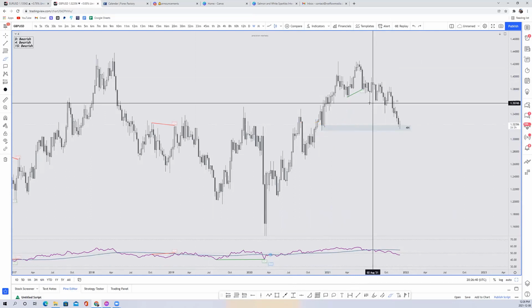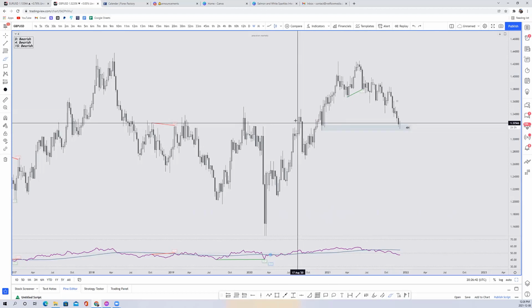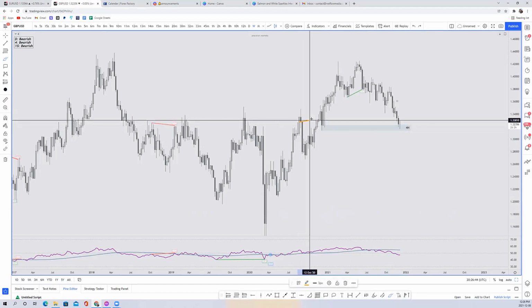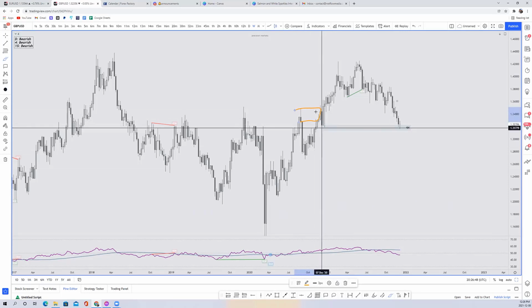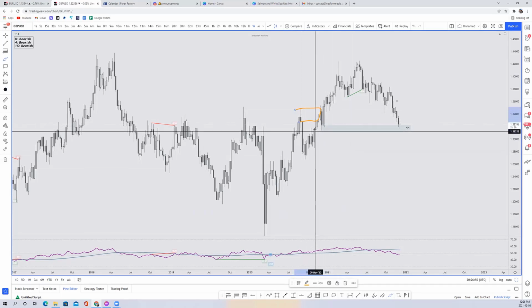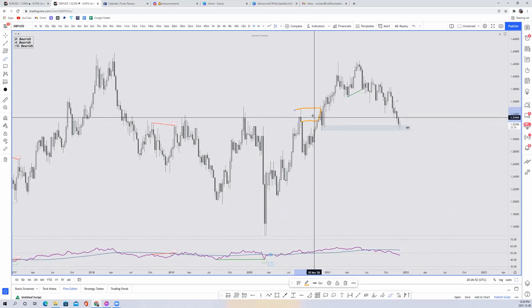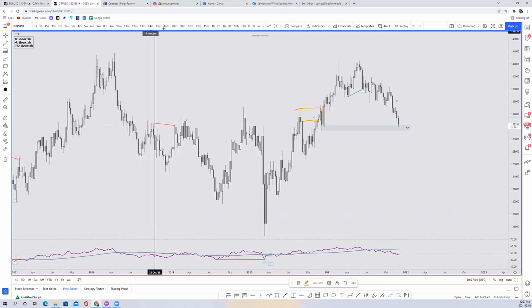But as far as a guideline and a starting point, I always look for the latest reaction point and what took it out. And if it's not clear, for example, if I find this reaction point on the 15 and it's not clear, I'll cycle through the 10-minute, 11-minute, 12-minute, 13-minute, and I'll cycle from everything from 10-minute till the 30-minute until I find the cleanest reaction point and the cleanest point of failure.